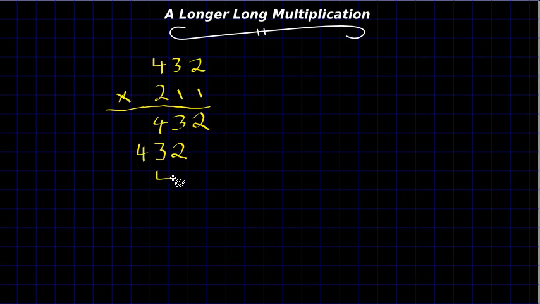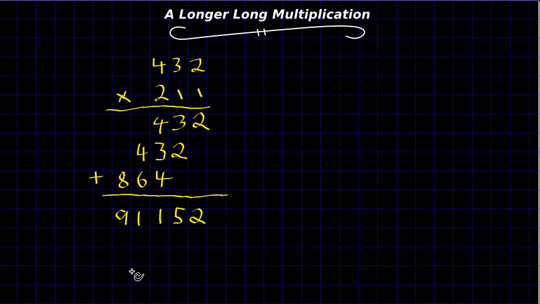So this is going to give us a 4 and a 6 and an 8. Now all we have to do is add those guys up, and that gives us 2, 5, 11, carry the 1, makes 1, carry the 1, makes 9.